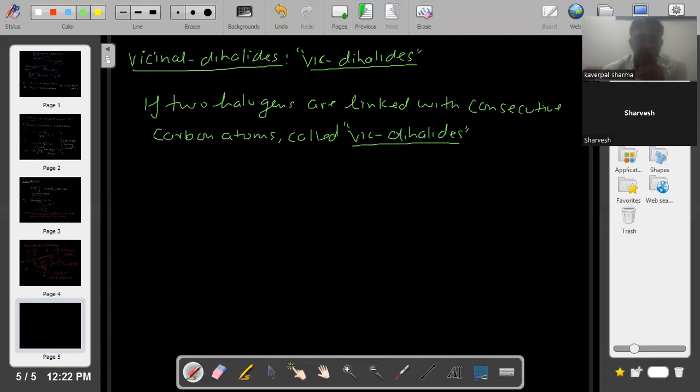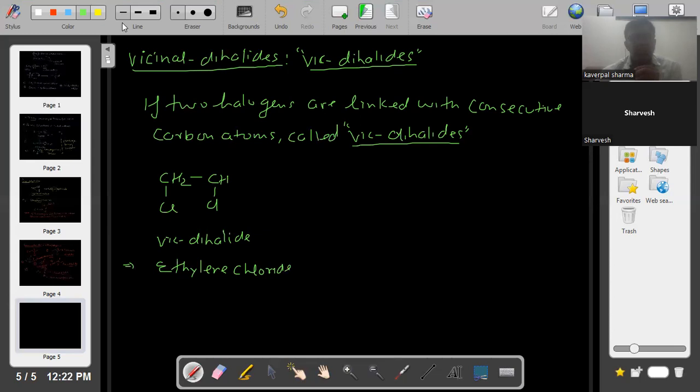In such a case, CH2Cl and then CH2Cl. So it is a vicinal dihalide. The common name of this one is ethylene chloride, not dichloride. Here ENE; in the previous case IDENE. It means two halogens are linked with this one.